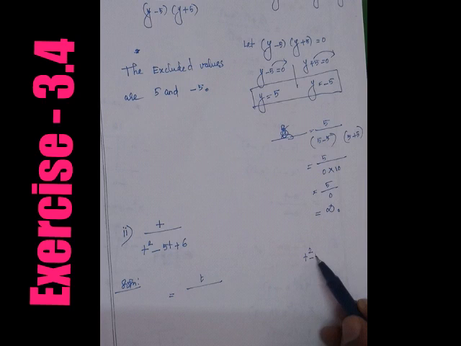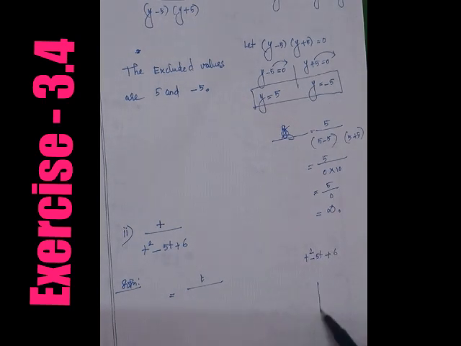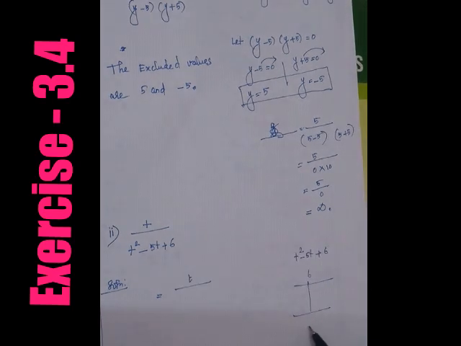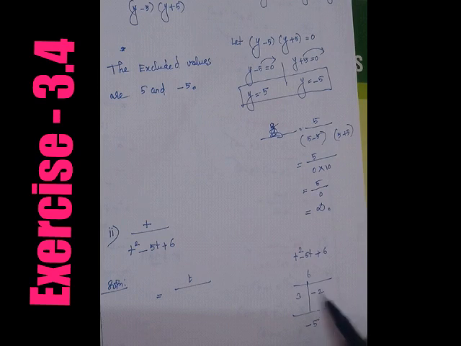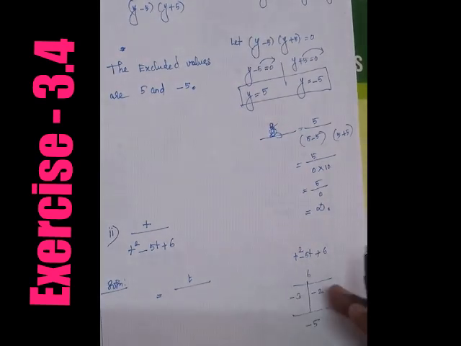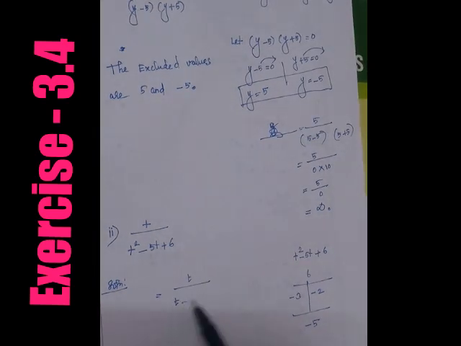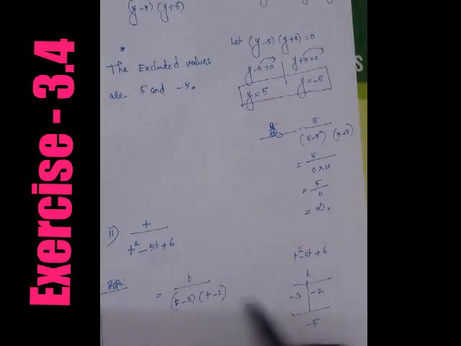T square minus 5t plus 6. This plus 6 is the product of two numbers, and this minus 5 is the sum of the same two numbers. Minus 3 into minus 2 gives plus 6. Minus 3 minus 2 is equal to minus 5. So it can be written as (t minus 3) and (t minus 2).